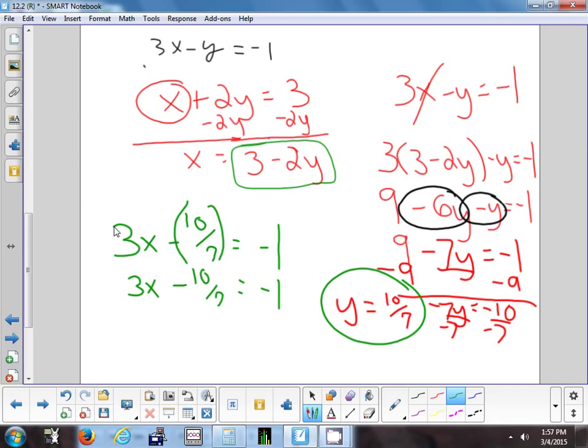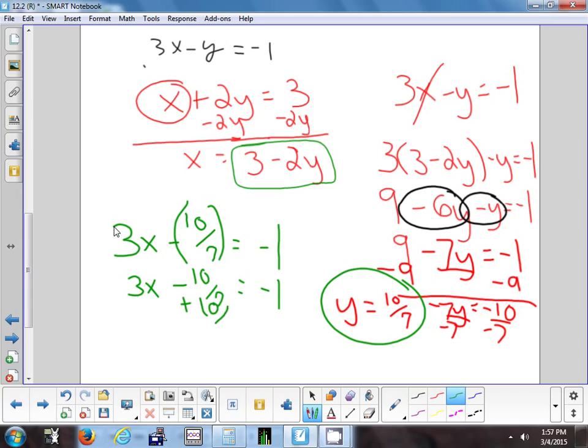All right, now what will we do here, guys? What do we want to get by itself in this part? The 3x, right? What's with it? -10 over 7, right? How do we get it to the other side?